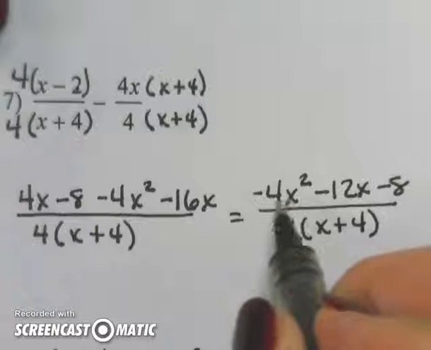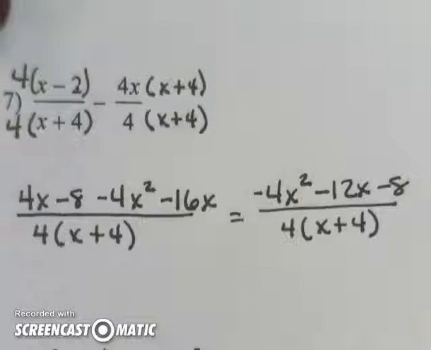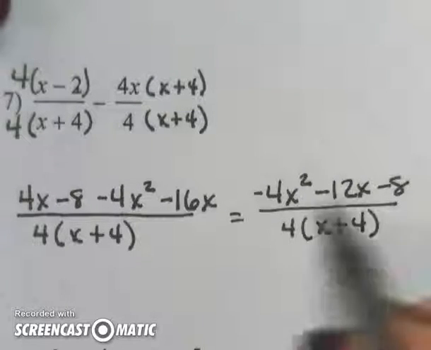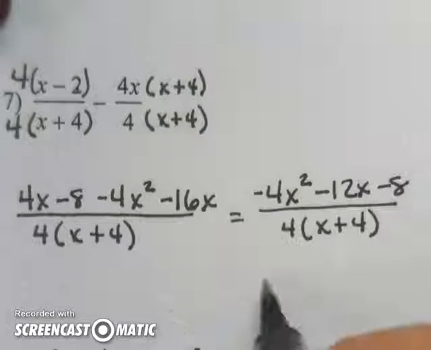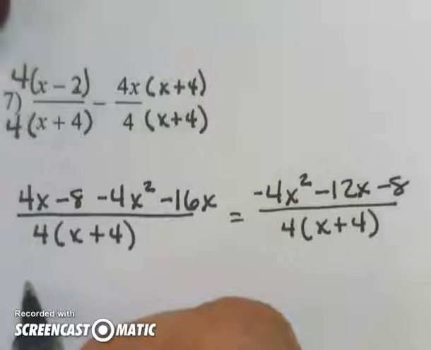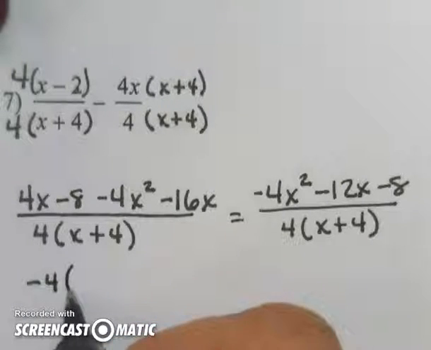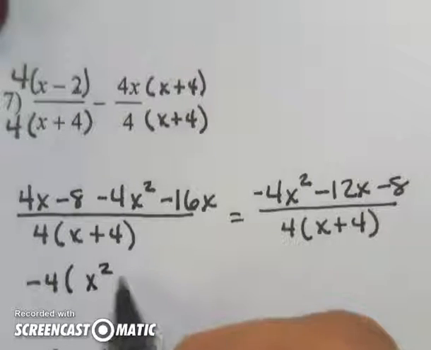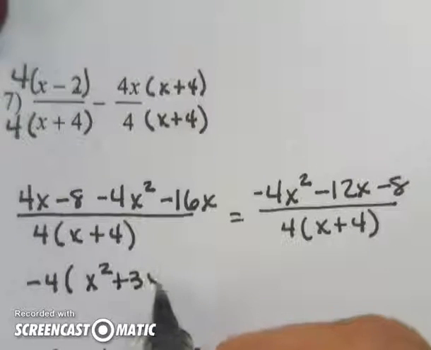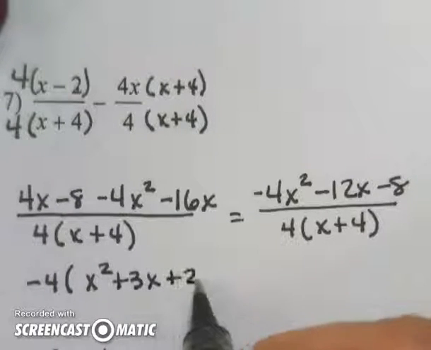Again, I notice that all of these have a 4, and I also notice that they're all negative. So I'm going to pull out a -4 because it may make factoring some of the rest of that a little easier. I'm going to take out the -4, and that leaves me with x squared plus 3x plus 2.